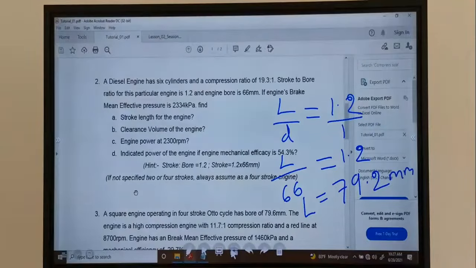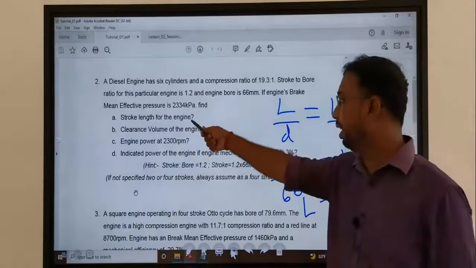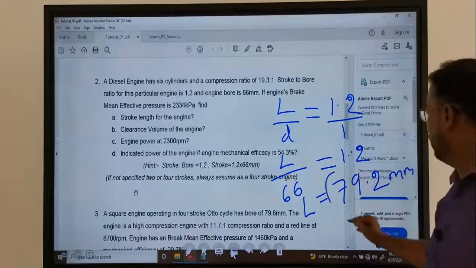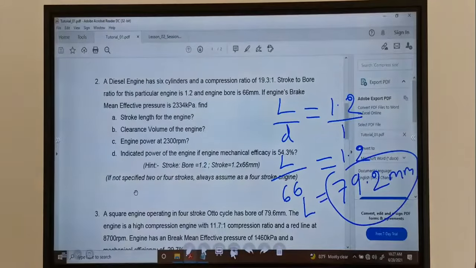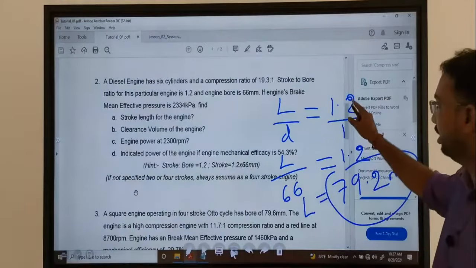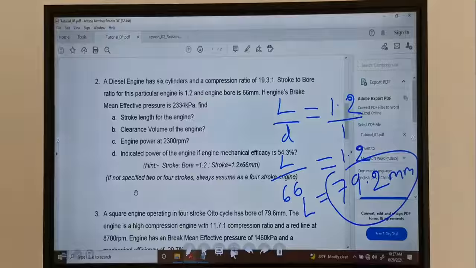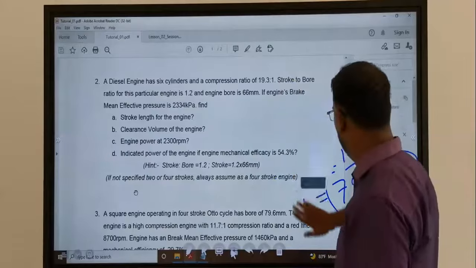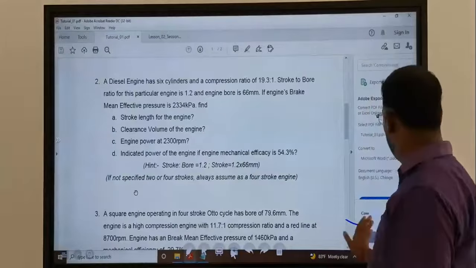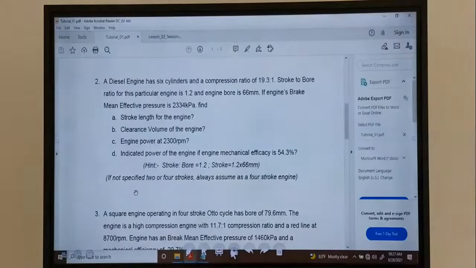That is the first answer. The stroke length for the engine is 79.2 because the ratio is 1.2: if the bore is 1, the stroke length is 1.2. So now we know the stroke length and bore, and the compression ratio is also known.